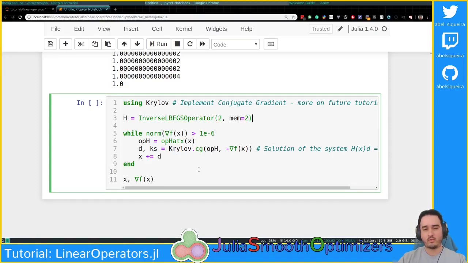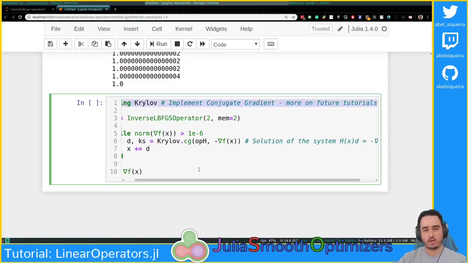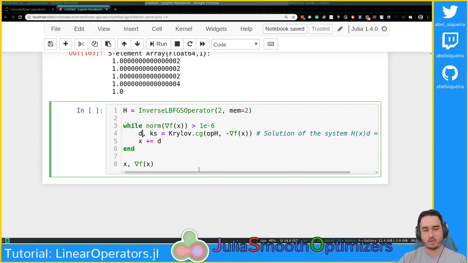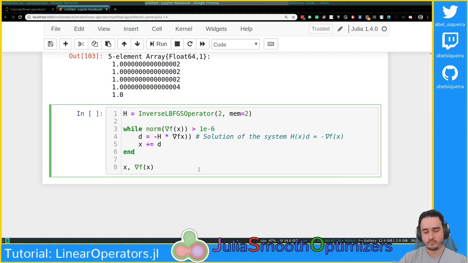So here I have inverse BFGS operator. I'm gonna ignore this, and instead of using Krylov, which I don't need anymore, I'm gonna use d equals minus H times nabla f of x. So this is gonna be some direction.